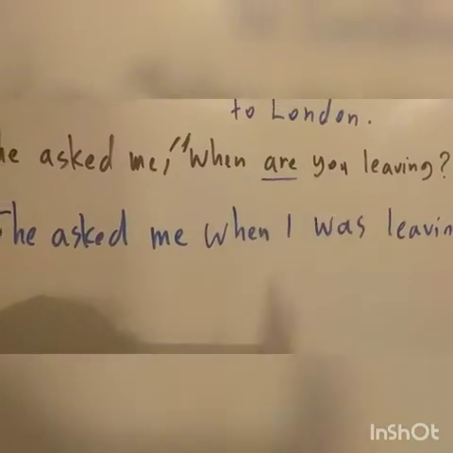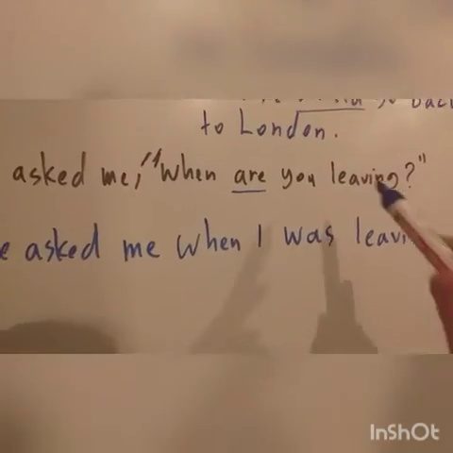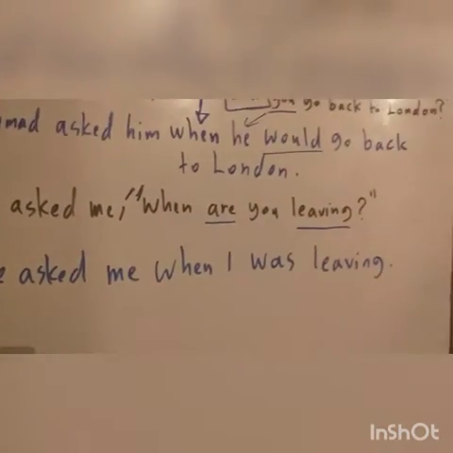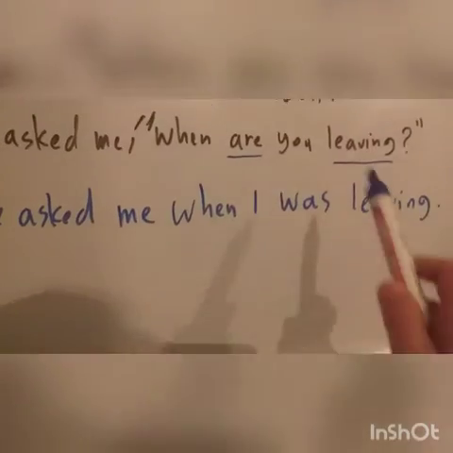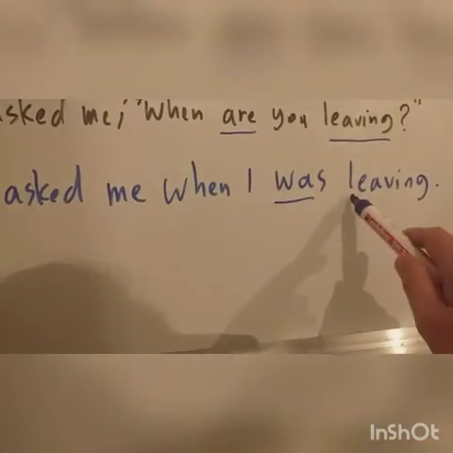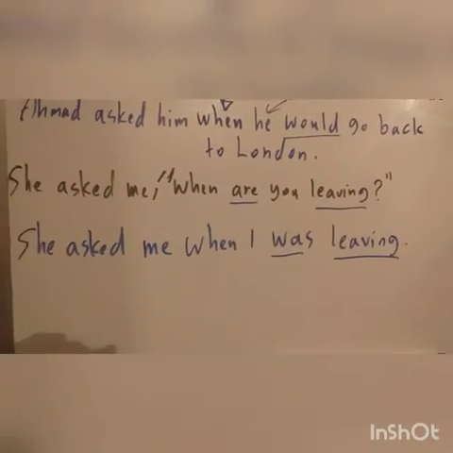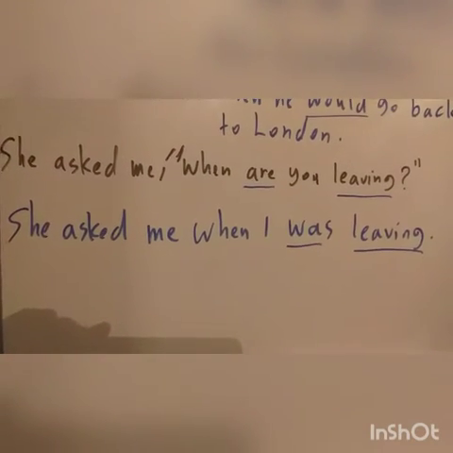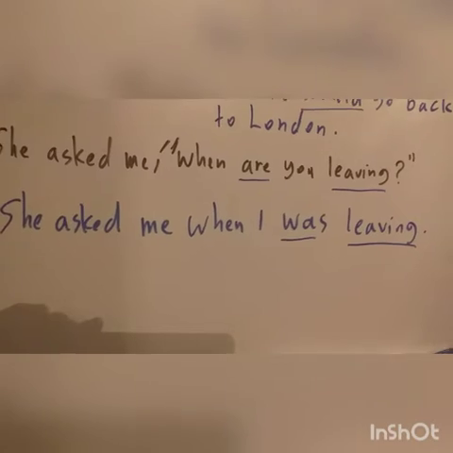So the verb is in the present continuous, and we reported it in the past continuous. She asked me when I was leaving, and not she asked me when was I leaving.